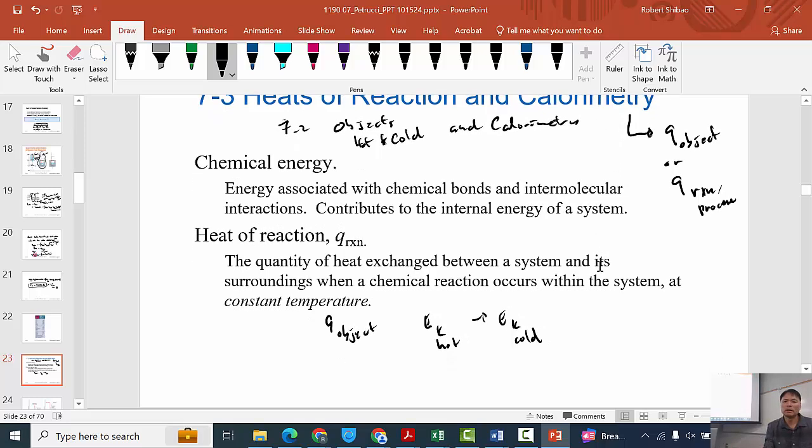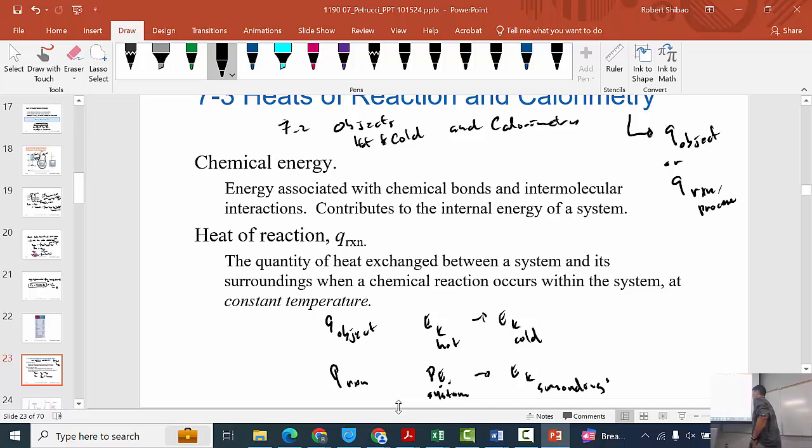However, when we're doing a process or reaction, then what we're doing is we're transferring the potential energy as kinetic energy to the surroundings. The surroundings is an object. However, our system is a process.